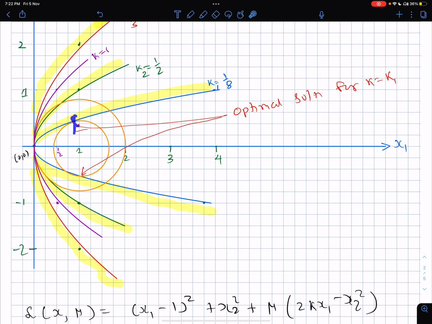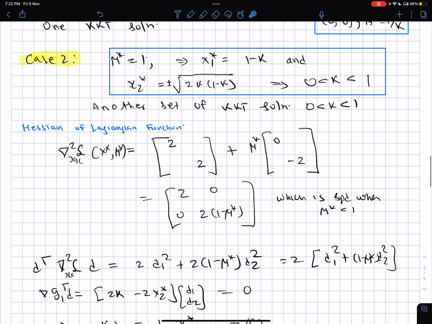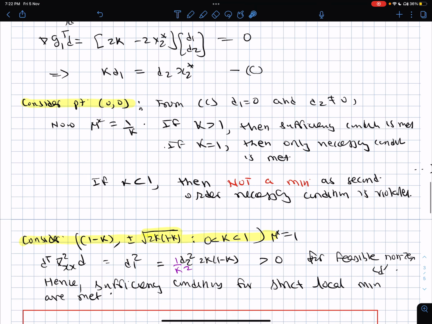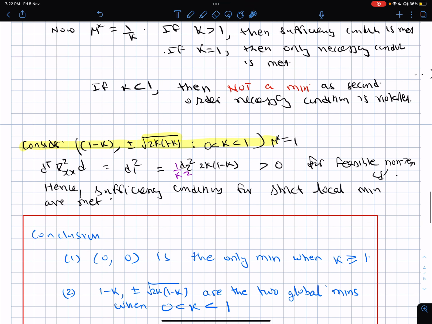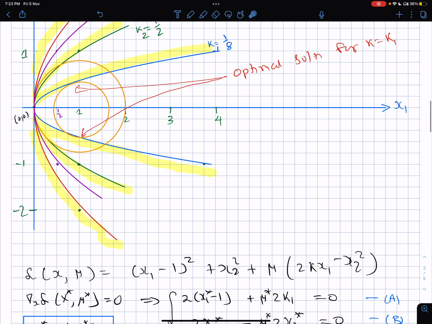Now we need to just verify what happens when k is less than 1. These 2 points now exist, and we need to see what our sufficiency condition says about them. So let us look at the point 1 minus k, plus minus under root of 2k into 1 minus k, which are these two touching points.